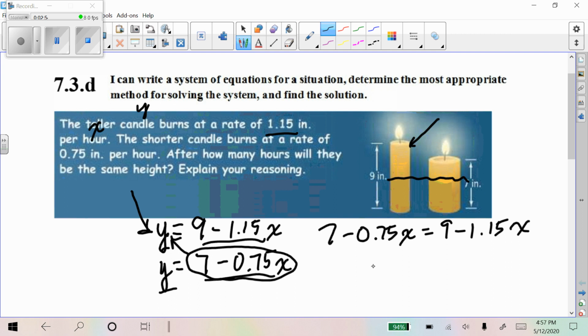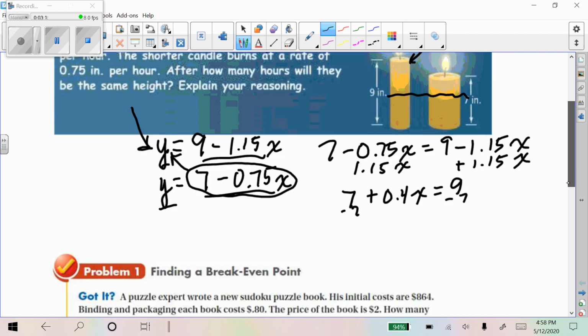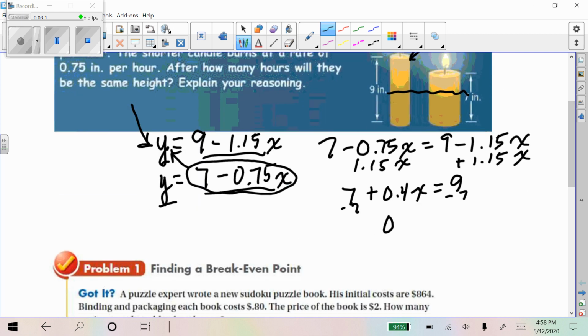Okay, now we're going to get rid of the smaller of the two numbers so that we get x on just one side. I'm going to add 1.15x to both sides, and that gives me 7 plus 0.4x equals 9. I'm going to subtract 7 from both sides, and that gives me 0.4x equals 2.